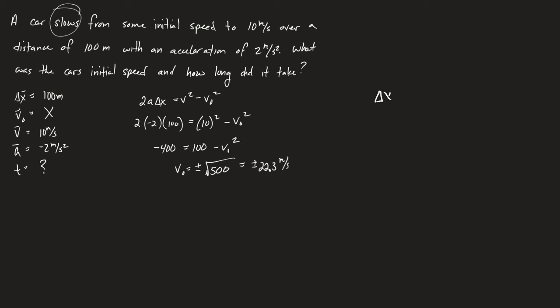So you chose a relationship. You applied your variables. And you realize you have a quadratic.